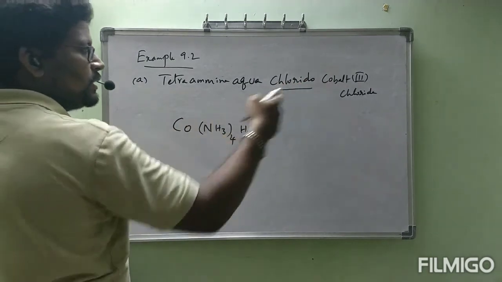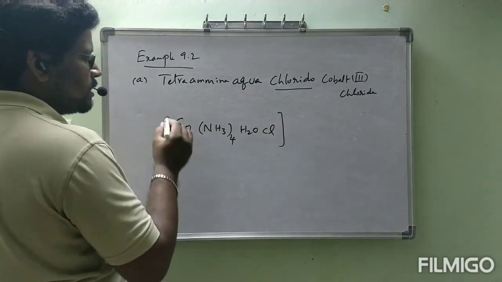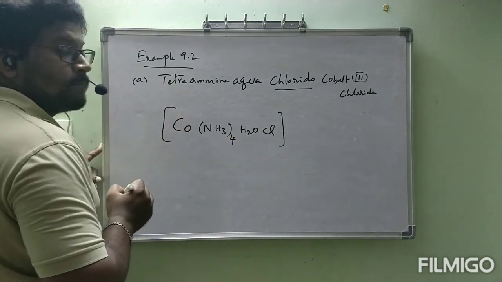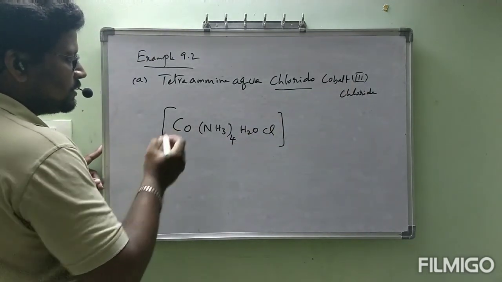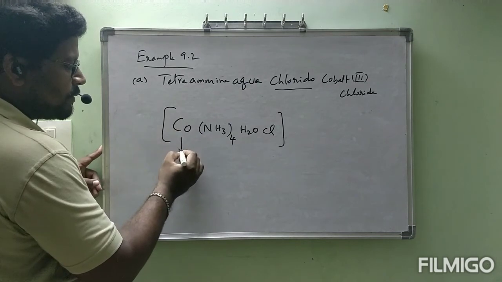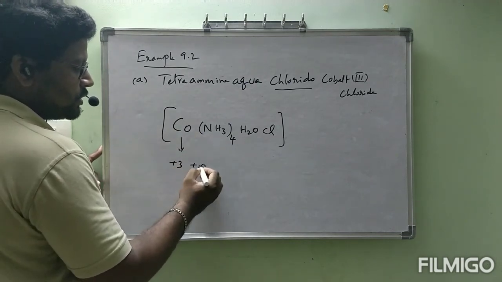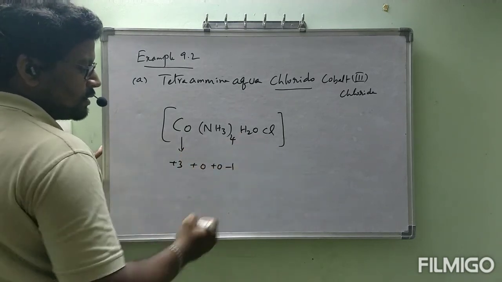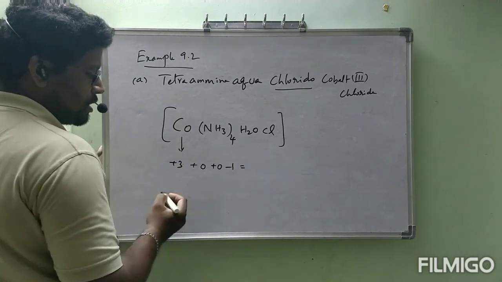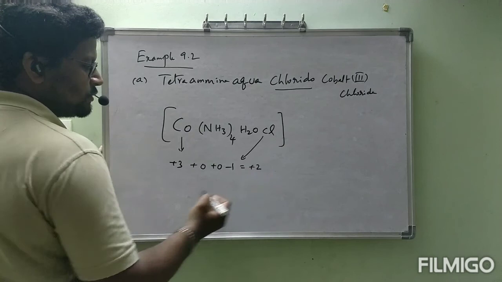Central metal atom cobalt. Okay, square bracket, close this one. What is the charge present on cobalt? 3, that means this is plus 3. Cobalt plus 3, NH3 0, H2O 0, chlorine minus 1. Total 3 minus 1, plus 2.